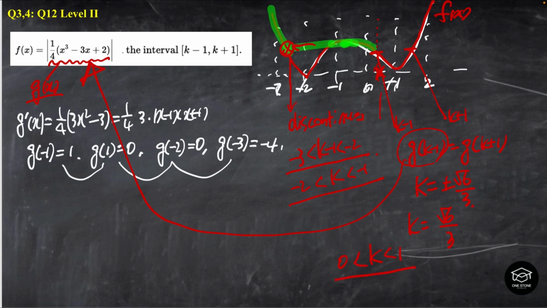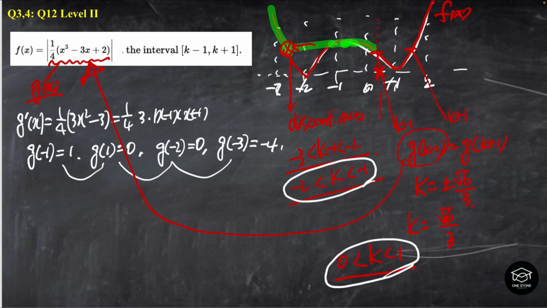Now we've identified two discontinuities. The first occurs when k is between -2 and -1. And the second occurs when k equals the square root of 6 divided by 3. To answer the question, we need to find the smallest integer a and the largest integer b, such that all discontinuities lie within the open interval from a to b.